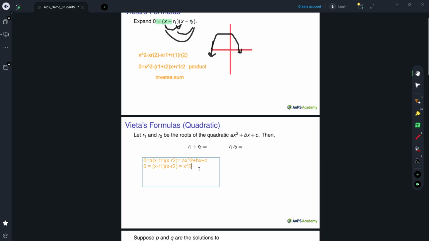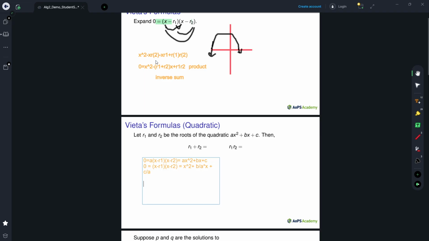All we get is x squared plus b over a x plus c over a, right? This is all equivalent. All we did was divide by a on all of them, right?